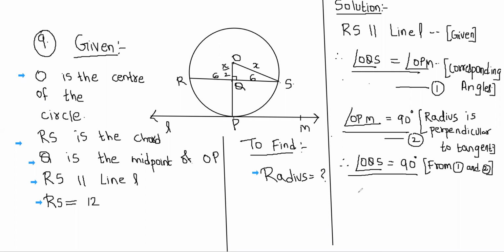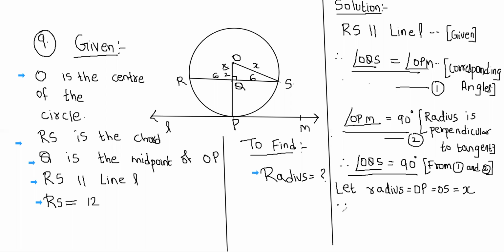Now before we use the Pythagoras theorem, we are going to assume the radius. Let radius, which is OP and which is OS, let both the radius be x.